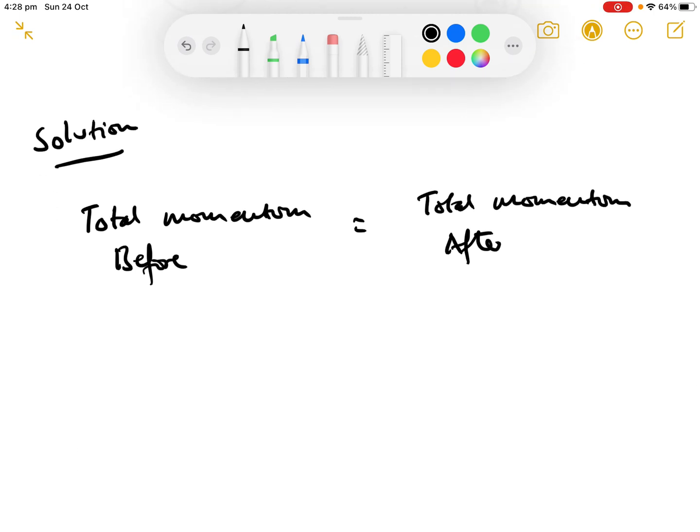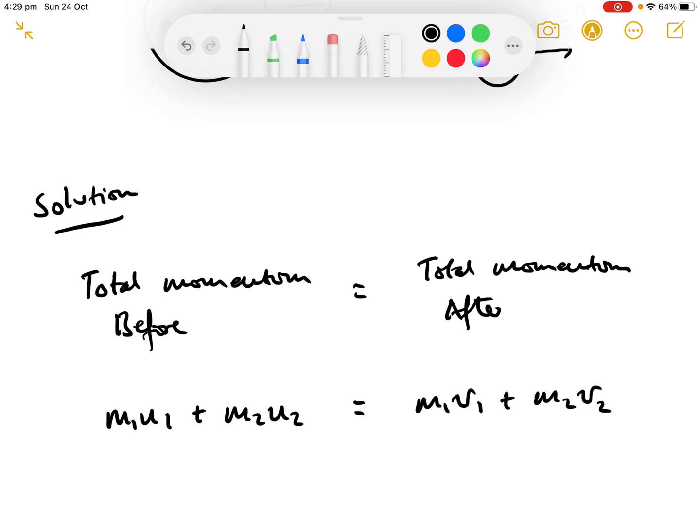Okay. Now you need to get that into an equation. So it's M1 u1 plus M2 u2 equals M1 v1 plus M2 v2.